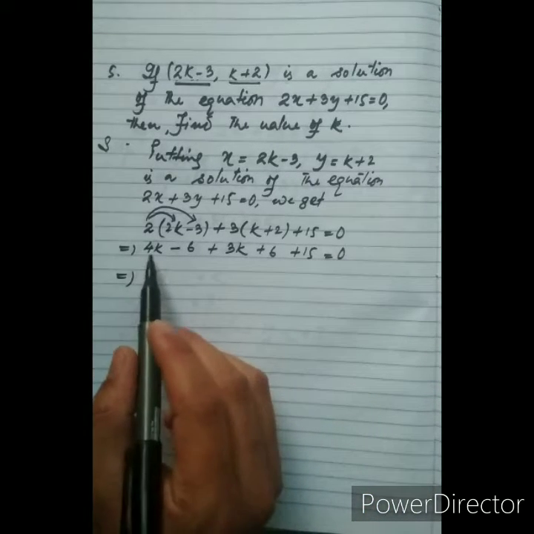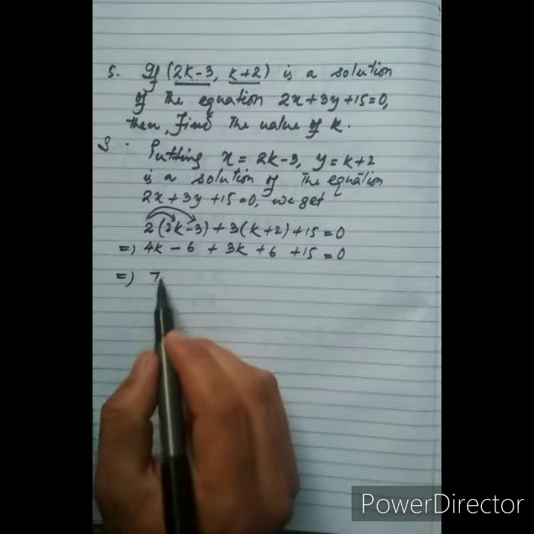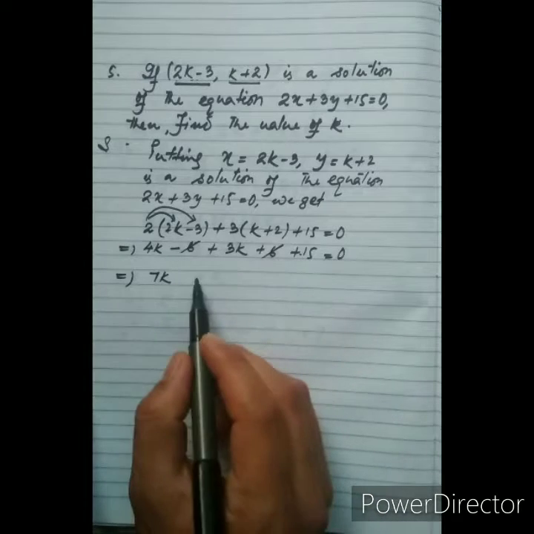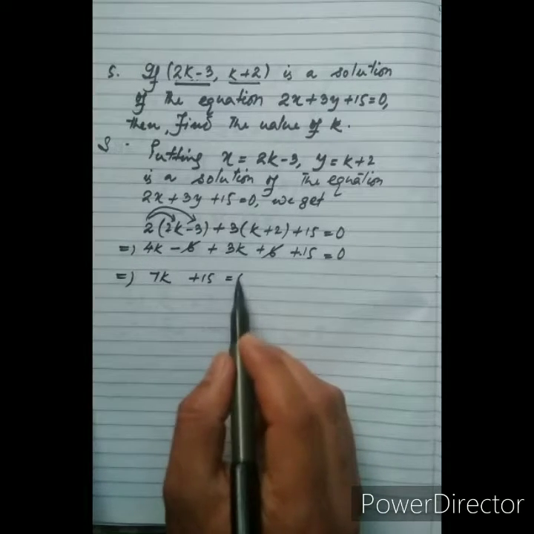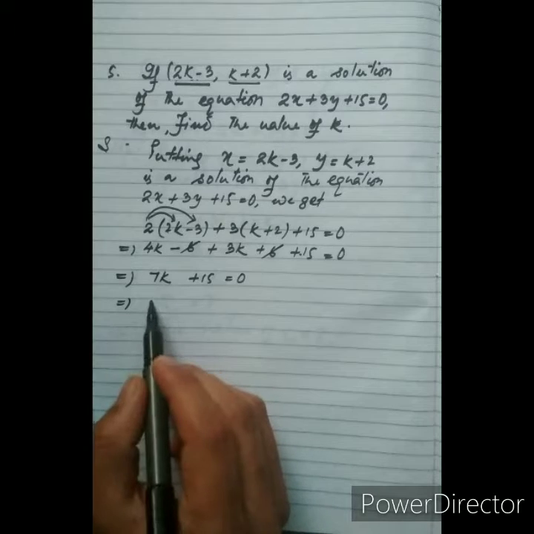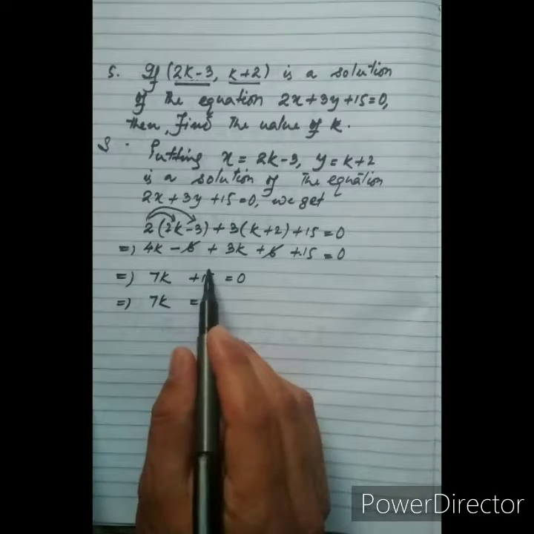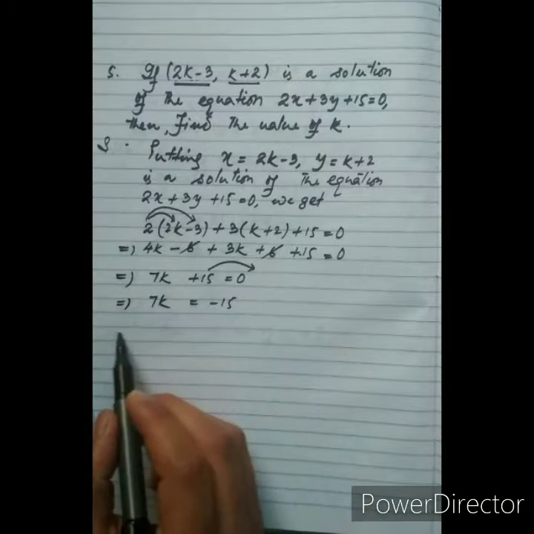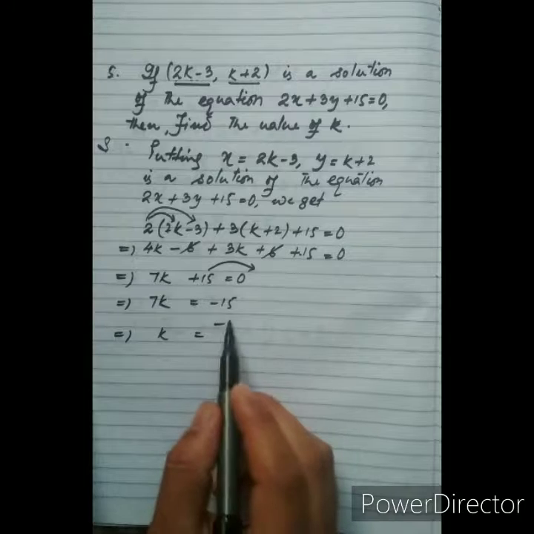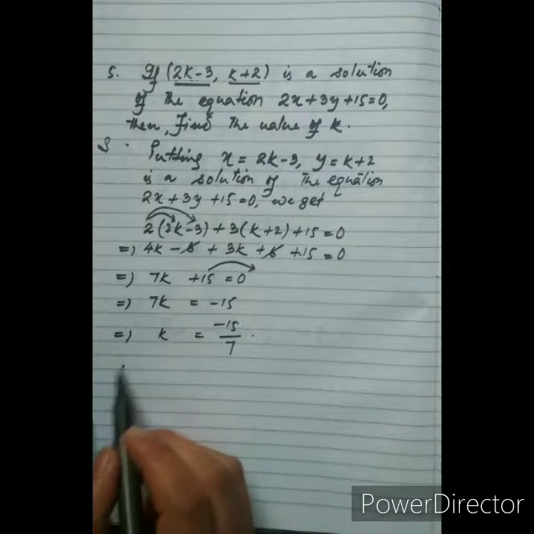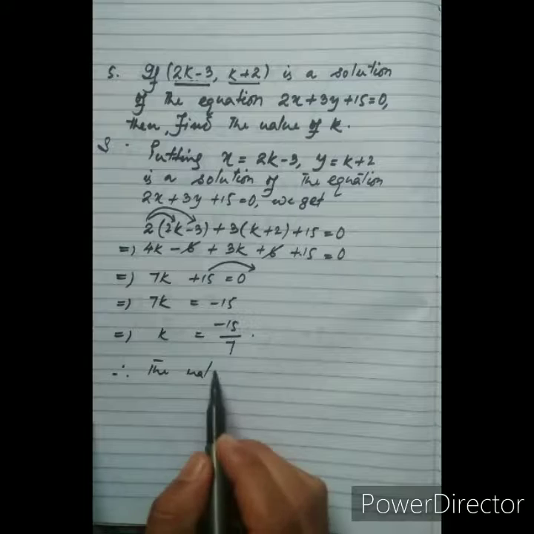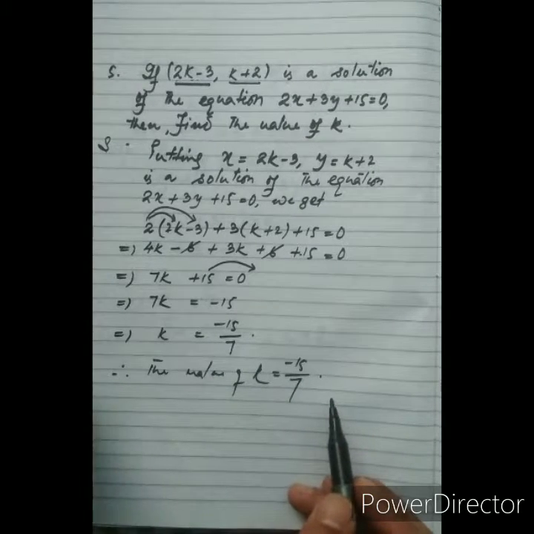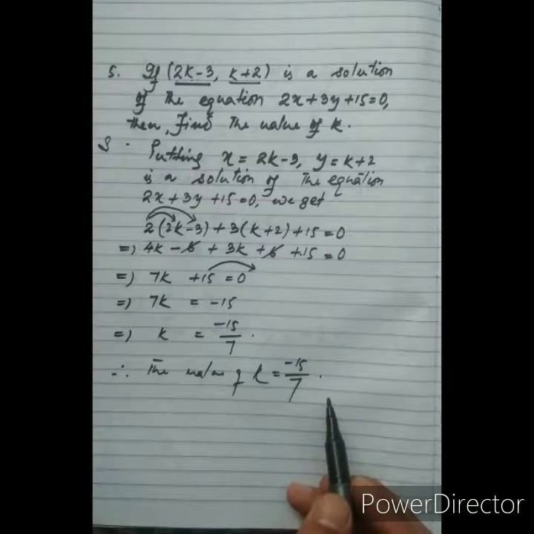Then here 4k plus thrice k, will get here 7k, minus 6 plus 6 we can cancel it, then we get here plus 15. Then 7k is positive 15, goes other side it becomes negative 15. Then here k means minus 15 divided by 7, so therefore the value of k is minus 15 divided by 7. After this we'll start the graph of the linear equation in two variables.